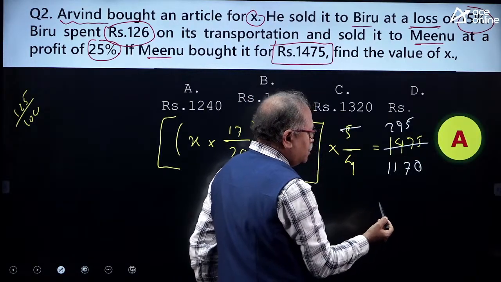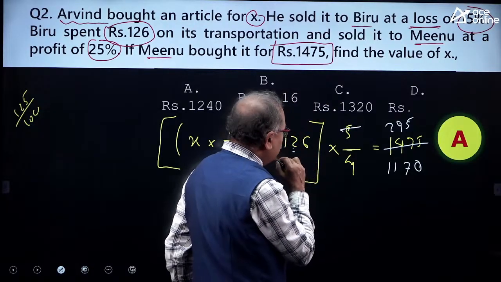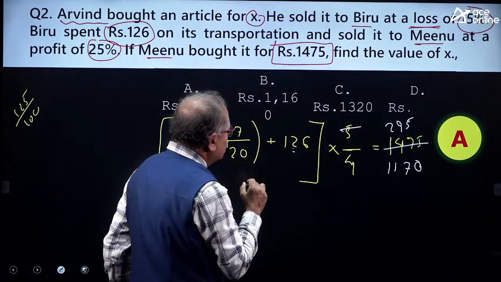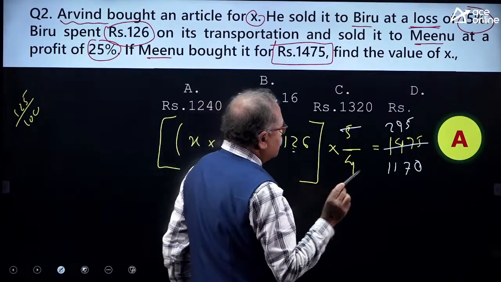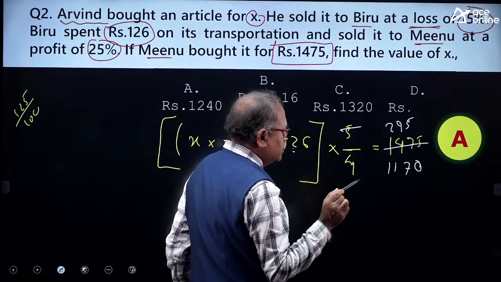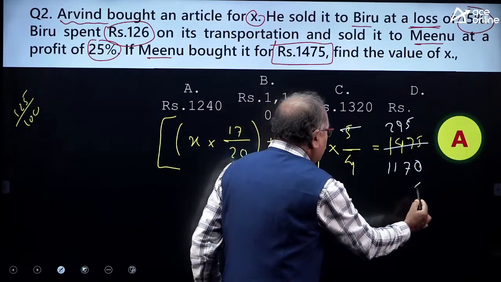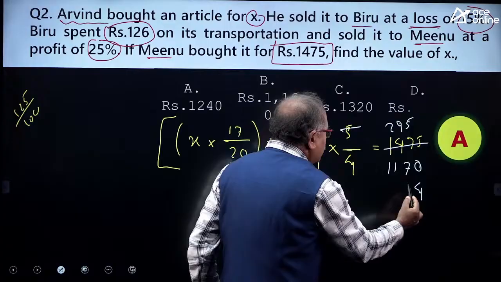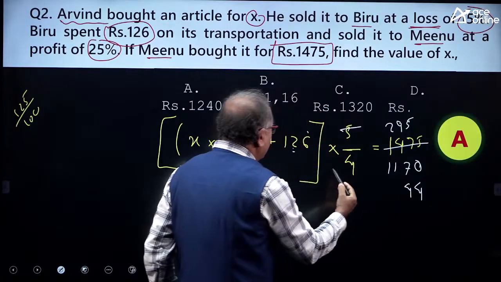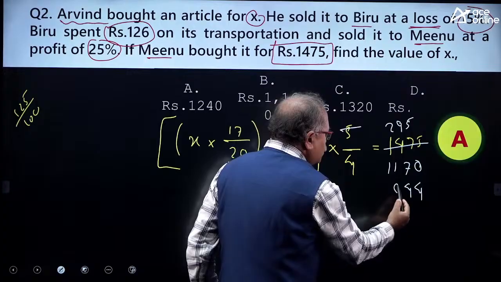1170. It's okay. And when I will multiply this by how much? Look at this one, the way I am getting confused over here. The 126 has to be subtracted from here. I am getting the 4 over here, the 6 minus 2, 4 over here, and then it comes 0 and 1.